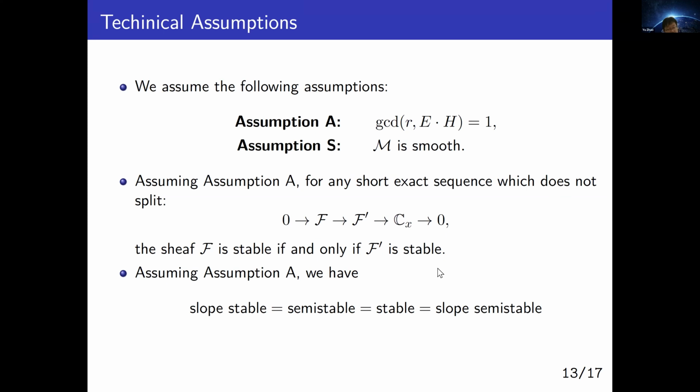Yes, we can replace this by other conditions. But what we only need is the existence of the nested moduli space and the smoothness of the moduli space. This is what we require for our theorem.